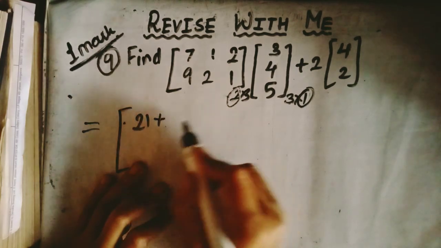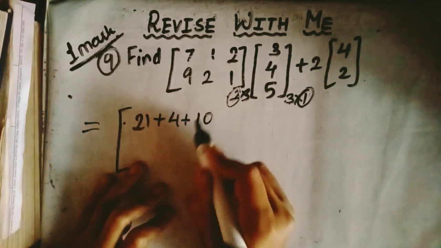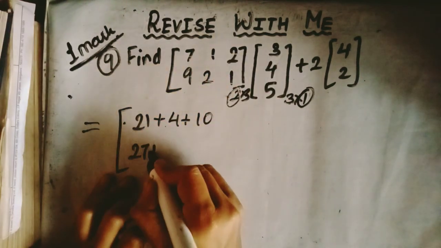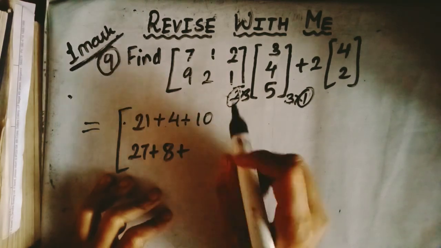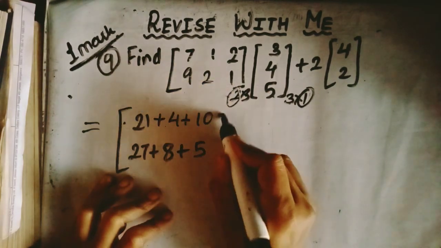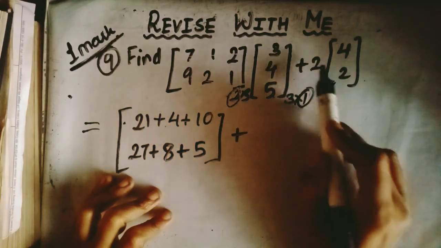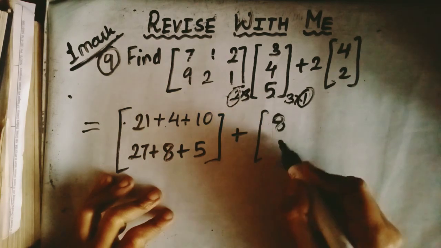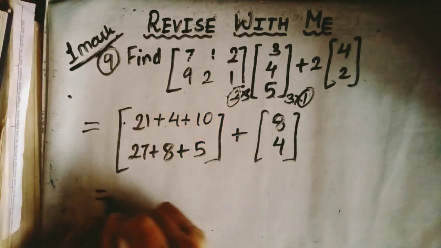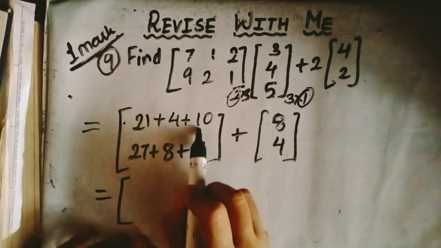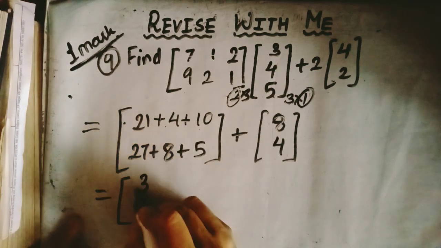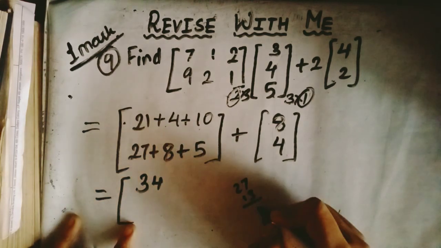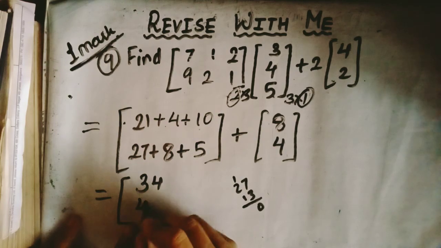21 plus 4 plus 10, then row into column, 27 plus 1 into 5, 5. Then here I'll take this 2 inside, it gets multiplied inside. 8, 4, so adding you will get 31 plus 4, 34, 13, 40.